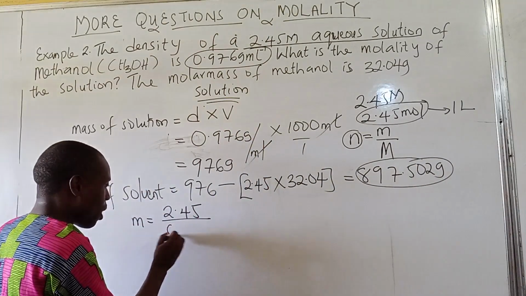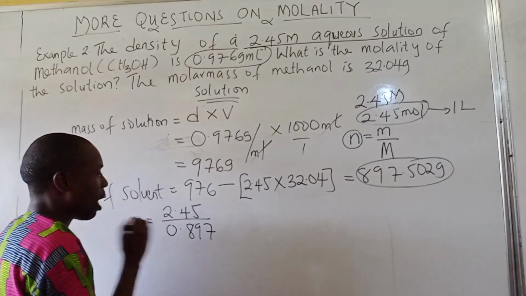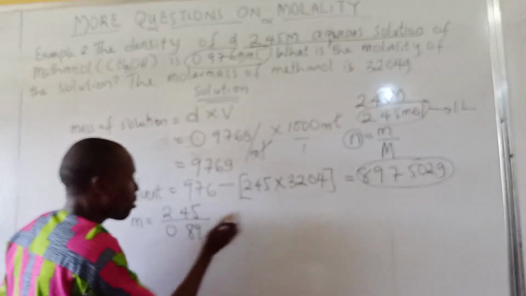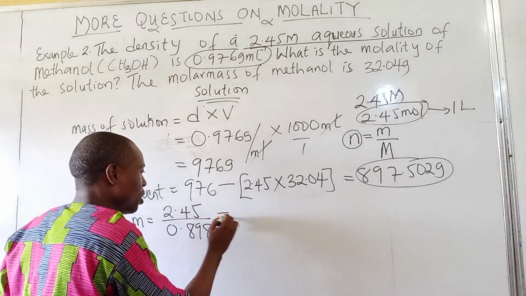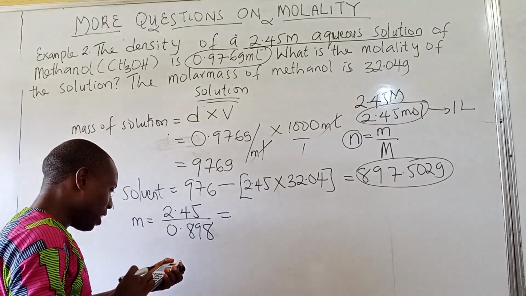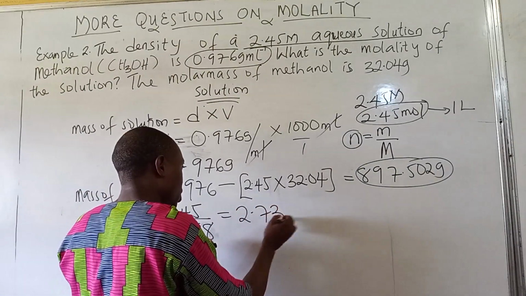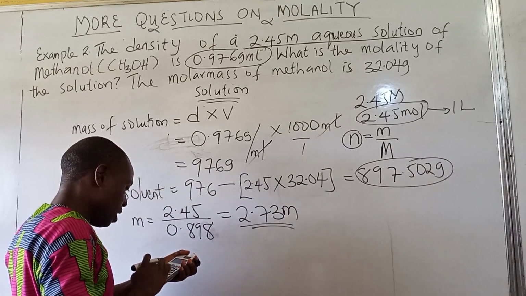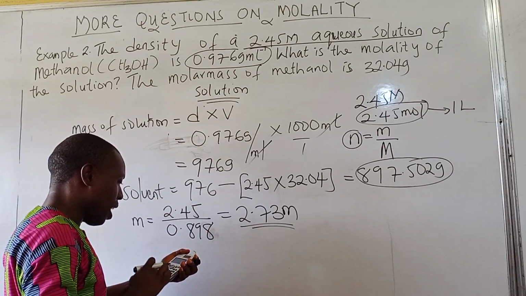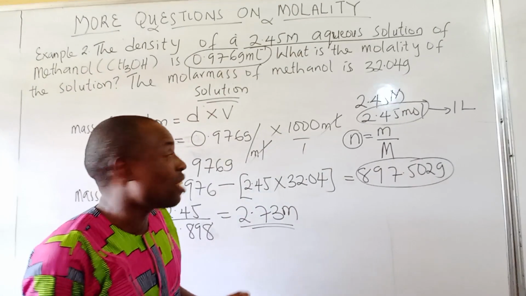So we have 0.897, okay, approximately 0.898. So we divide, and finally that gives 2.73 molal. That is the final answer to this question.